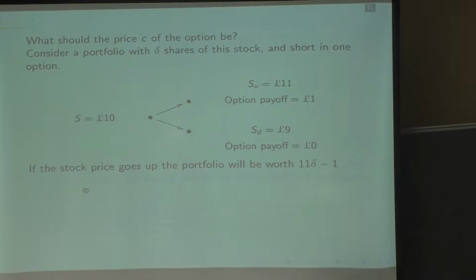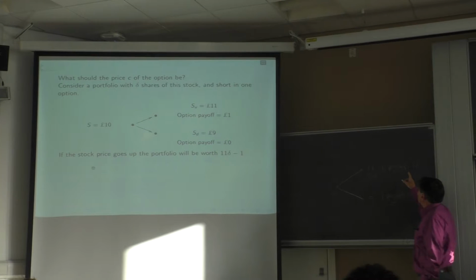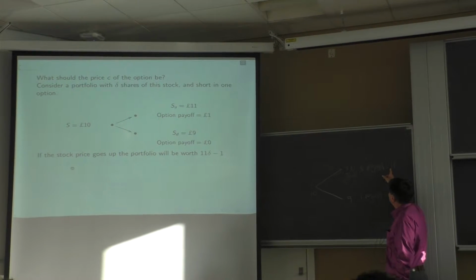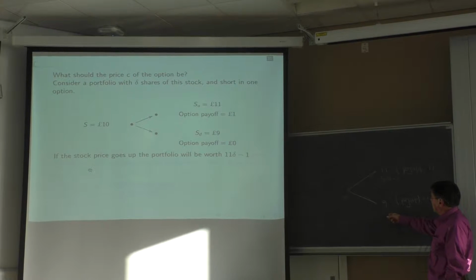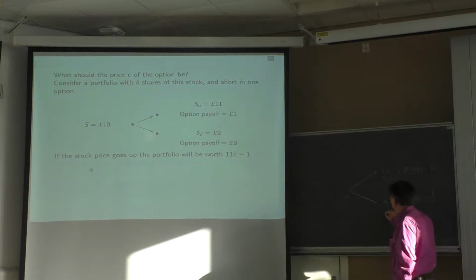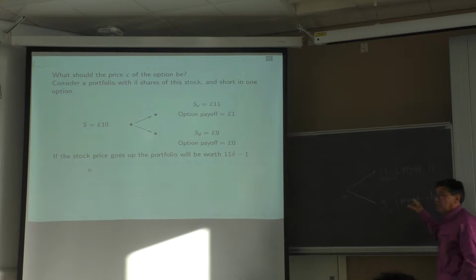So this is the value of the shares in the portfolio. And we have minus 1 option, so in this state of the world, we lose £1 because of the option. Here, in this state of the world, we have delta shares. Each one trades for £9, and the option is not exercised, so we don't lose any money.